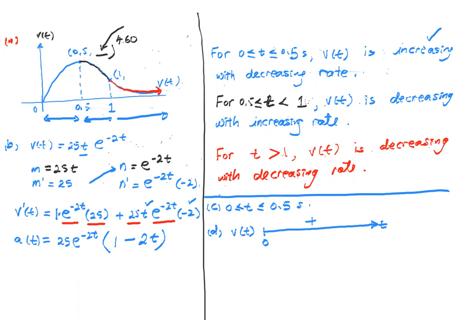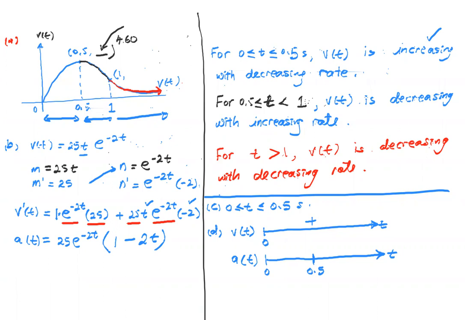Okay, so acceleration sign diagram. Acceleration is the rate of change of velocity, correct? The rate of change of velocity is equal to 0 at its highest point, that is 0.5. So I mark that. From 0 to 0.5, the rate of change of velocity, is it positive or negative?